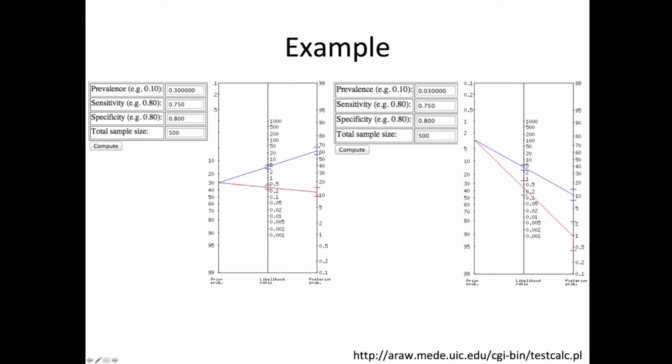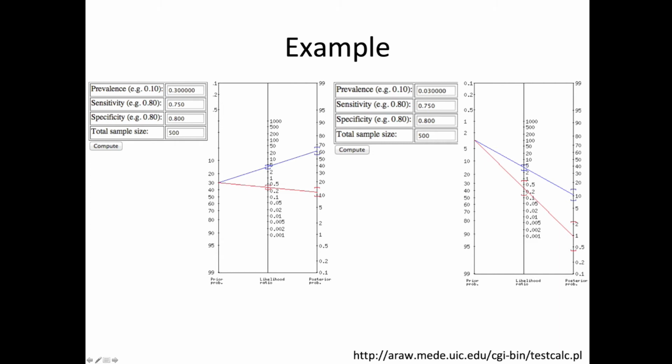So now somebody with a positive test in this population goes from a 30% chance of having the disease to a 60% chance based on this nomogram. And if you have a negative test, the negative likelihood ratio is about 0.3, and your chance of having the disorder goes from 30% to about 10%.